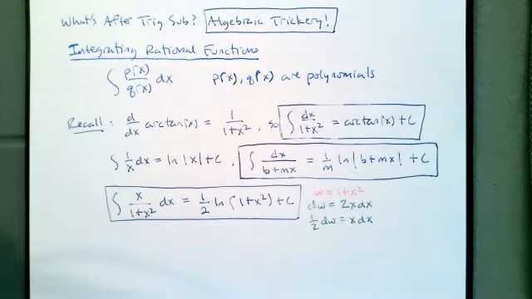So the x dx is 1/2 dw, and that's where the 1/2 comes from. These three integrals are the basis for integrating rational functions. This is what we do with our denominators.